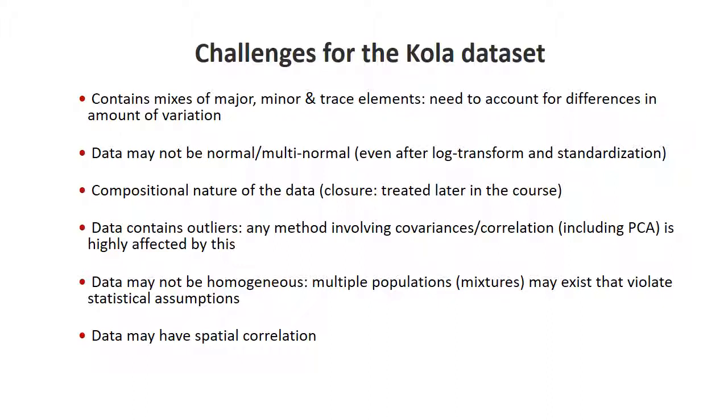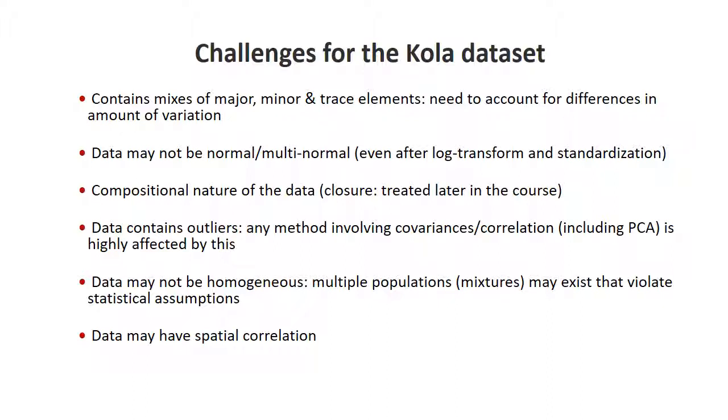We also have to worry about the compositional nature of the data. So closure is not treated later in the course, it's already treated. Instead of working directly on the elements, we'll probably have to work on the ILR or CLR or ALR ratios. And so that's something to take into account.